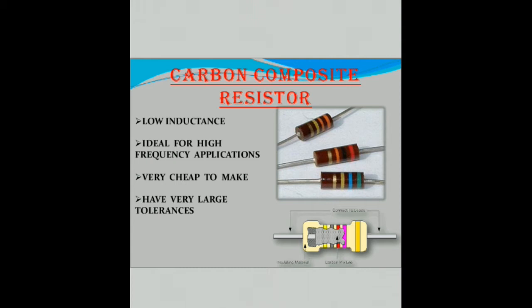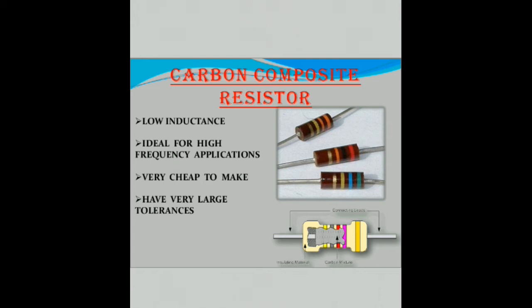The description of this resistor: it has low inductance, ideal for high frequency appliances. The electronic appliances we are using today are high frequency, so these resistors are also used in these appliances.